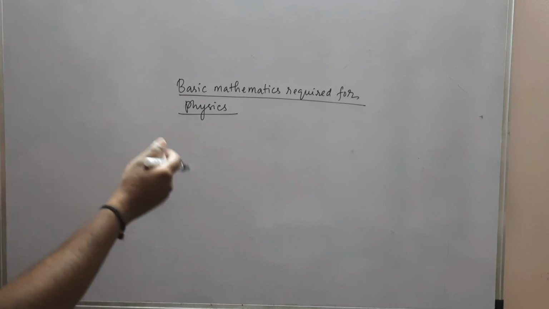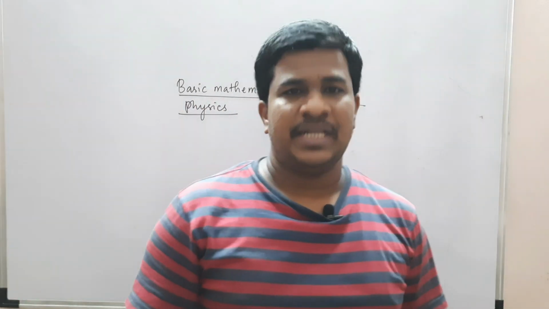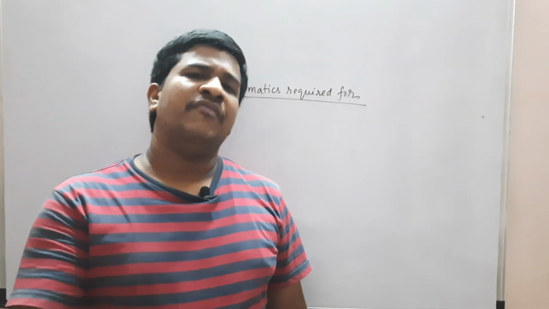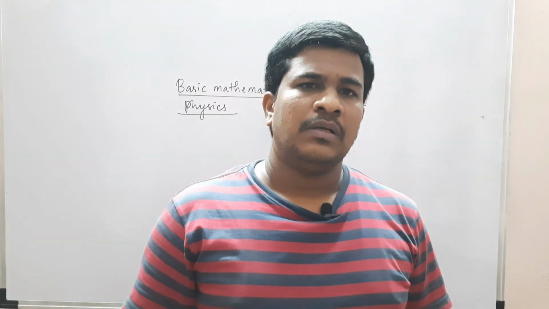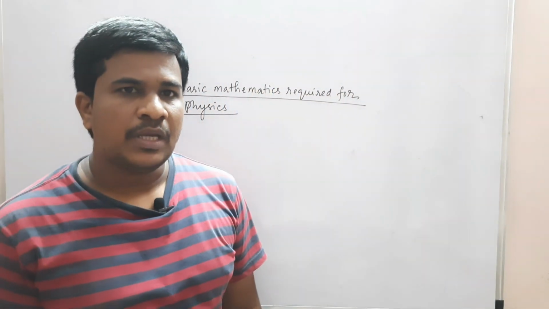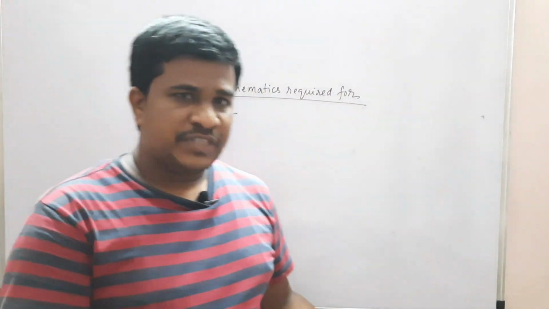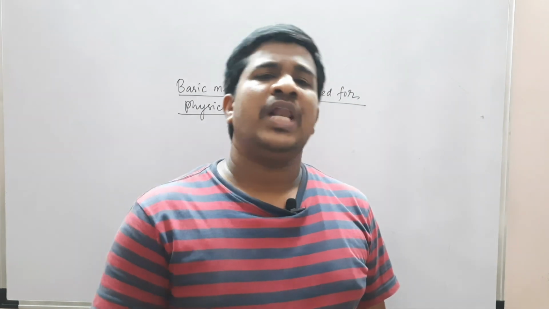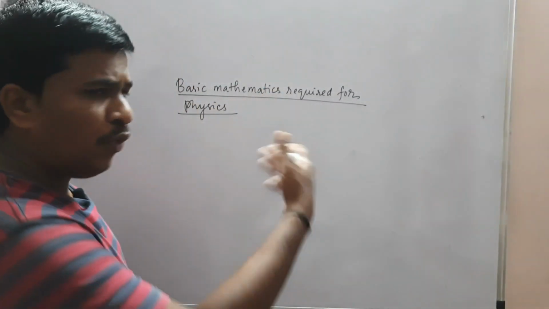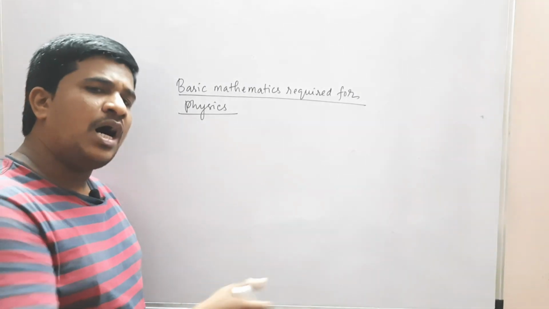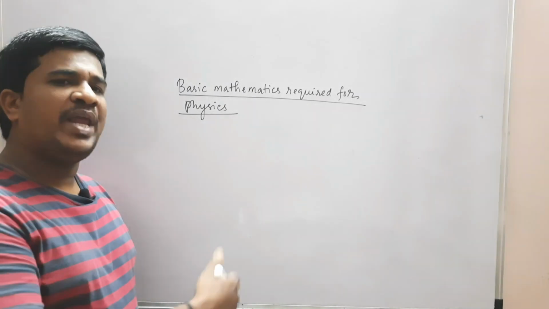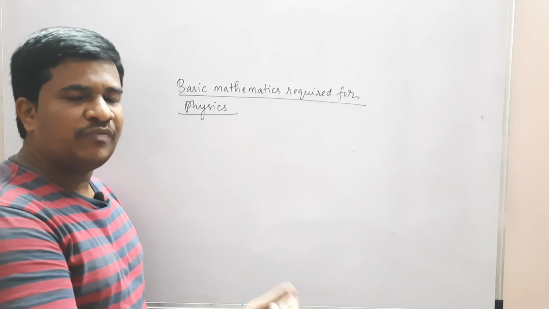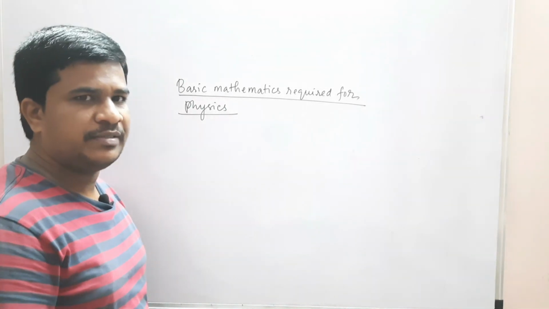It is the collection of chapters which play a vital role in order to solve the problems in physics. There is a collection of chapters which will help you to solve the problems in physics. I am going to discuss all those chapters which play a vital role in solving the problems of physics.